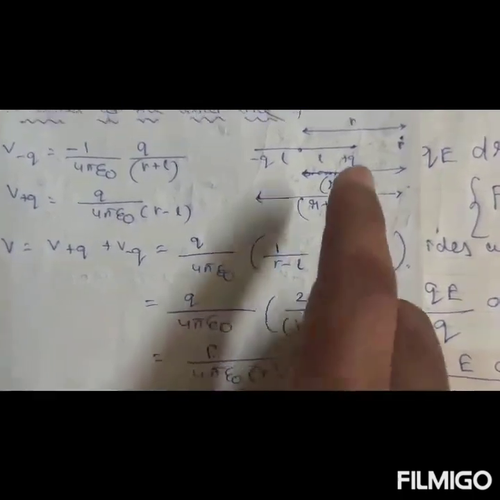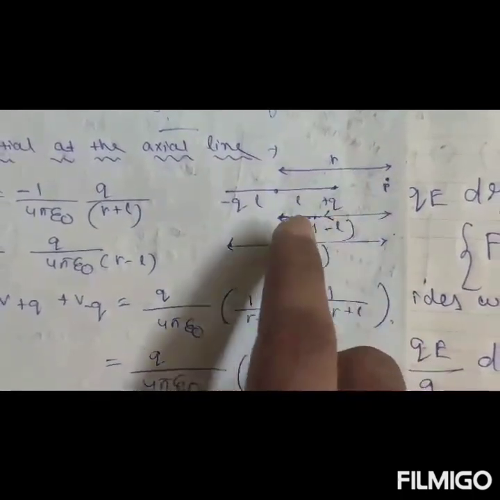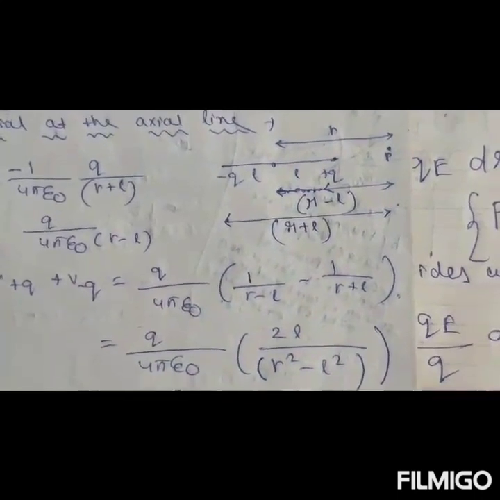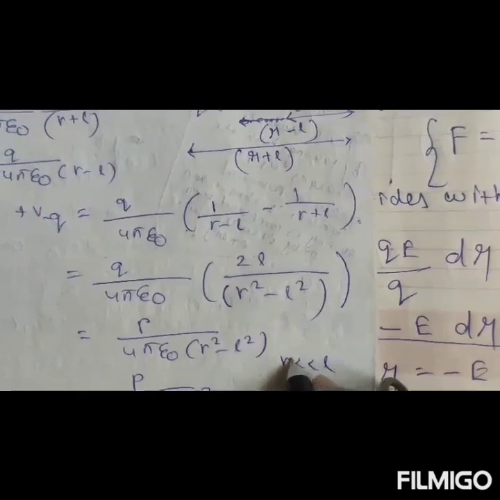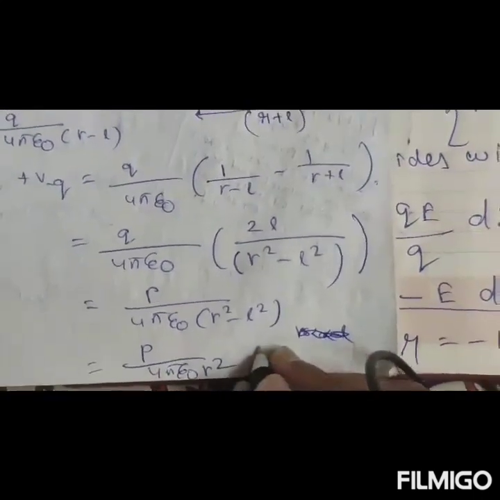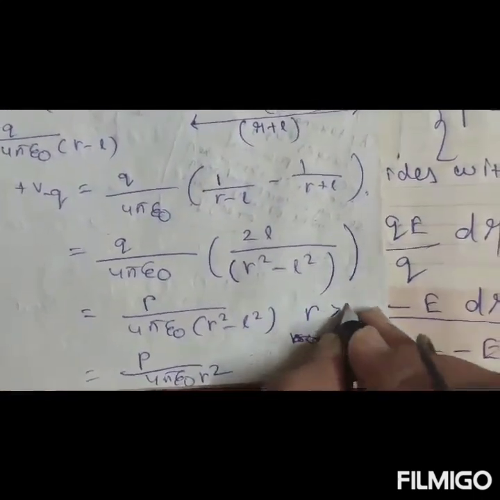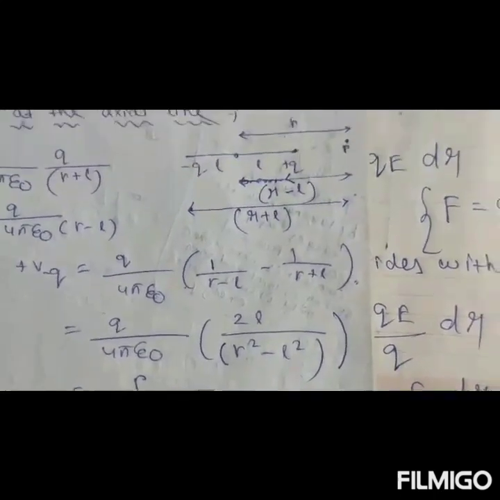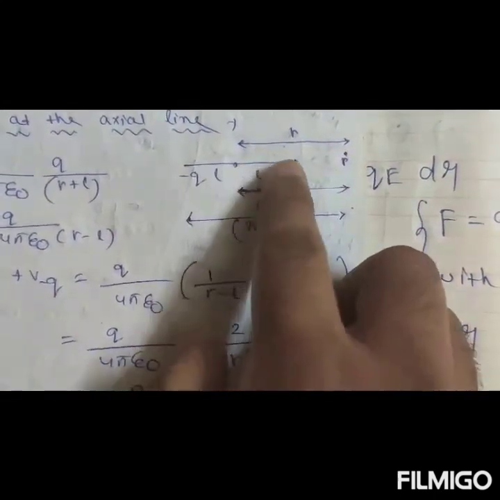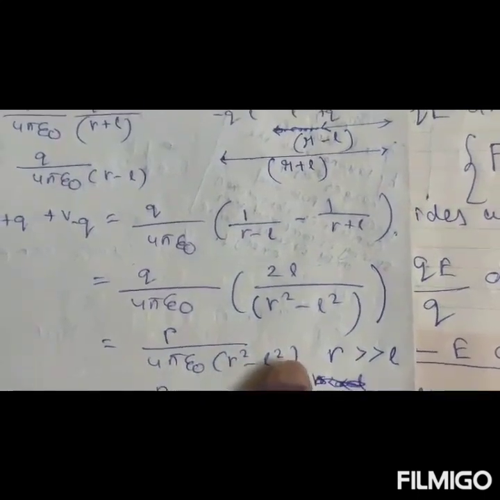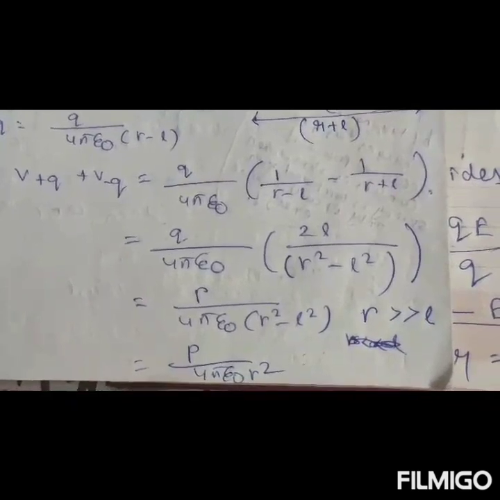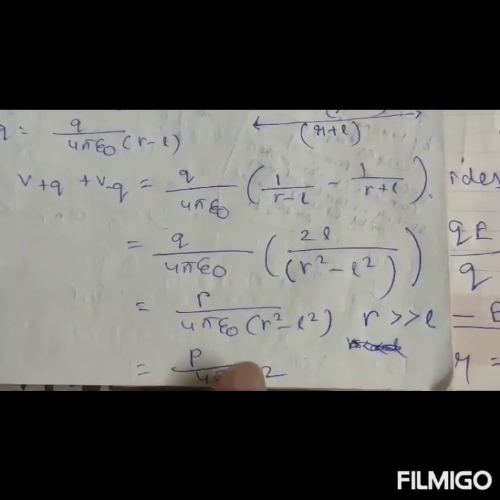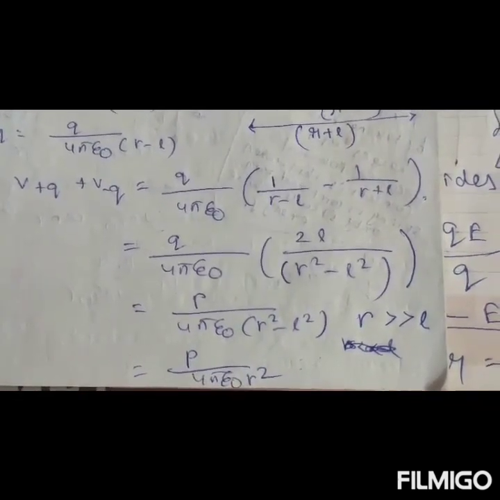As we know, R is much greater than L, so L will be neglected. So what is your answer? P by 4 pi epsilon naught R square. This is your answer.